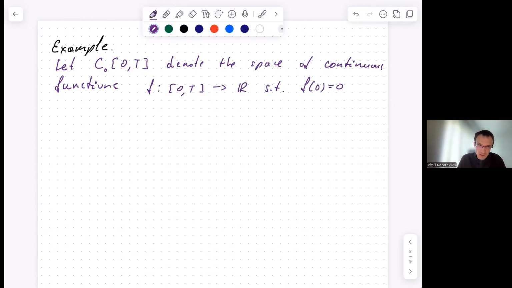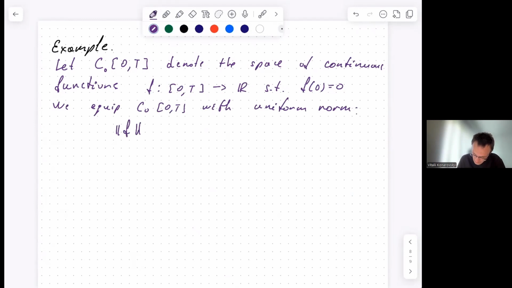And we equip this space with a uniform norm. And so the space C_0[0,T] with uniform norm, that is the norm, say, I will put here infinity.